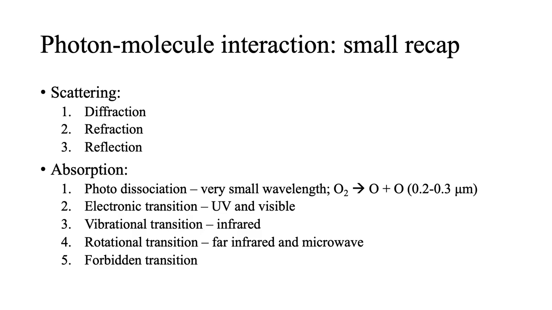Okay, so just as a small recap, we talked about photons and molecules, just to recap on what could happen. In terms of the interaction between photon and molecule, that could be something that we call scattering. Radiation, a photon is temporarily absorbed by a molecule or an atom, and then it's re-emitted.